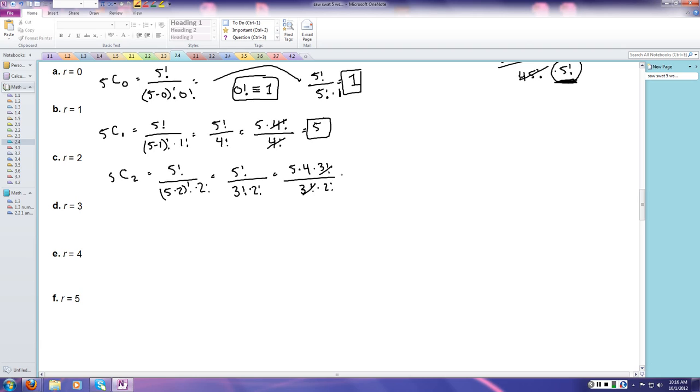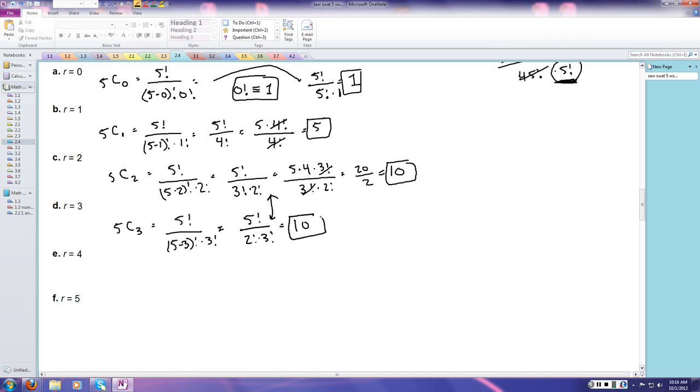The 3 factorials cancel, and I'm left with 20 over 2, which would be 10. 5 choose 3 would be 5 factorial over 5 minus 3 factorial times 3 factorial, which ends up being 2 factorial times 3 factorial, the exact same thing as I have here. So my answer ends up being 10 again.